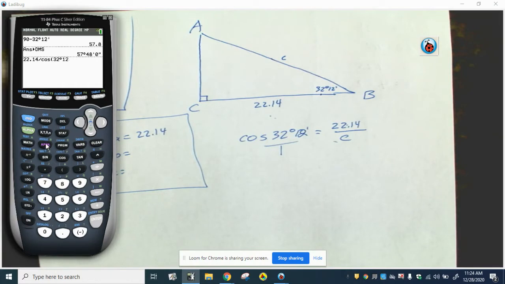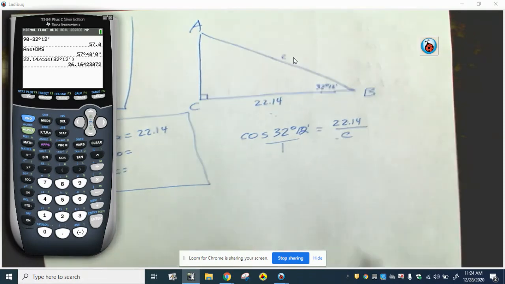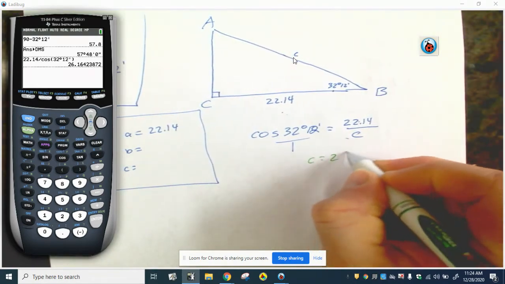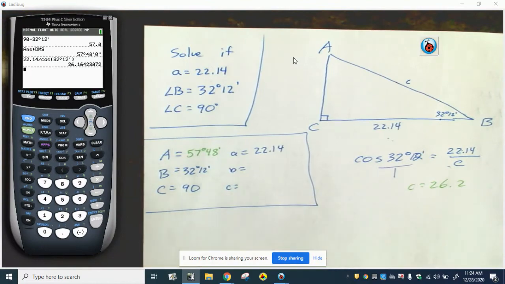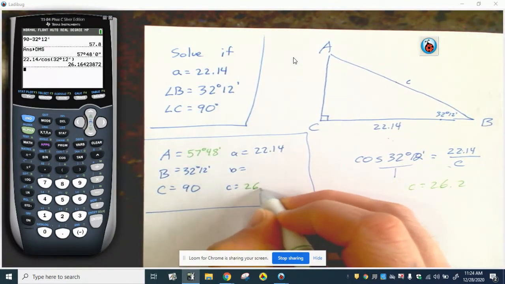So go back to that angle menu, get that minute one, that's the second one. I like to close parentheses just to make sure I know what I'm doing, and then I can press enter. And I know C has to be that 26.2. Okay, so I'd come over here and say side C is 26.2.